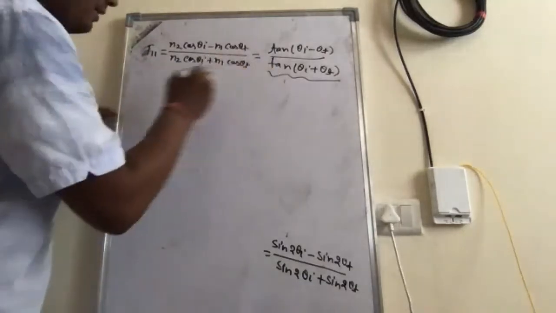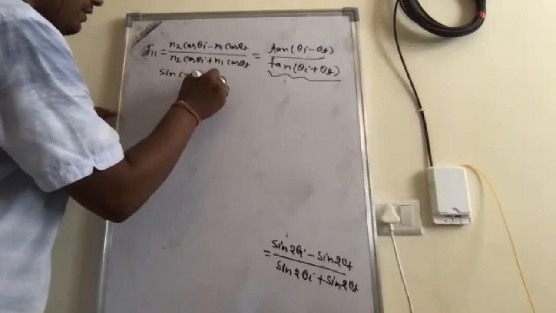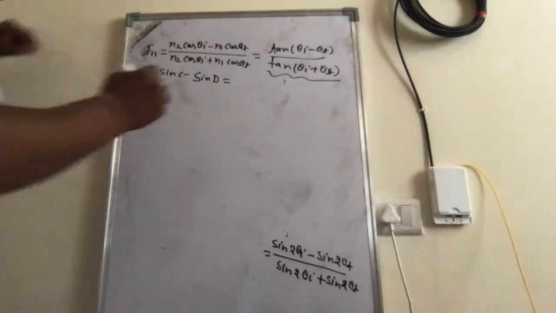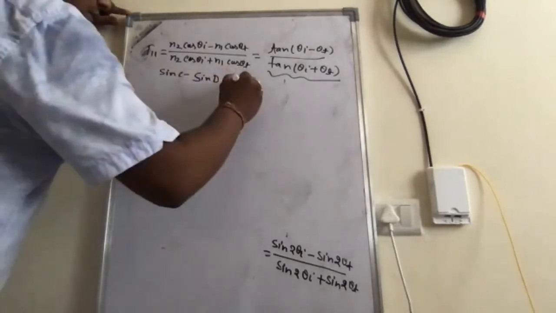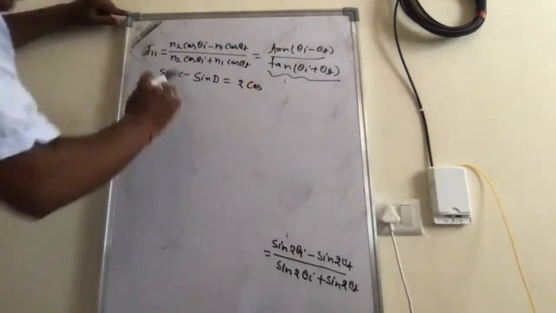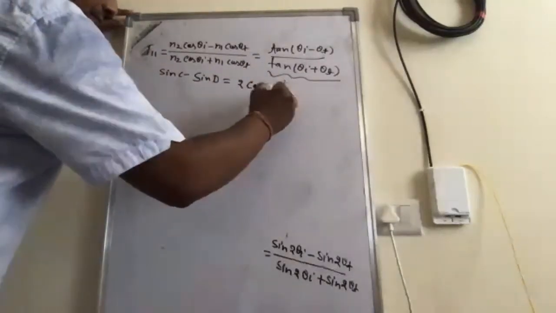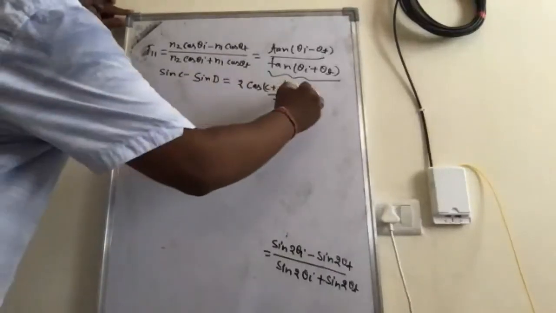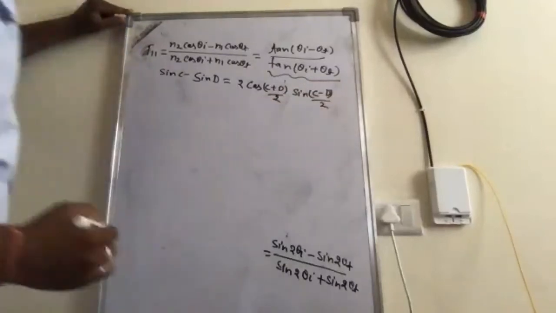So the identity for sin c minus sin d, what is this equal to? Basically this is equal to 2 cos of (c plus d) by 2 into sin of (c minus d) by 2.